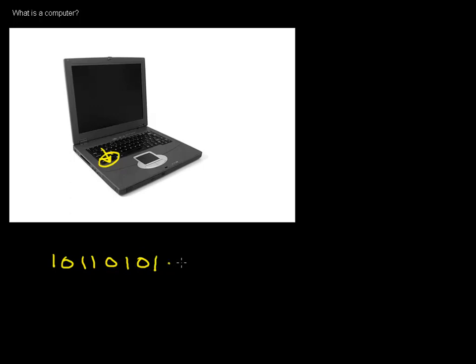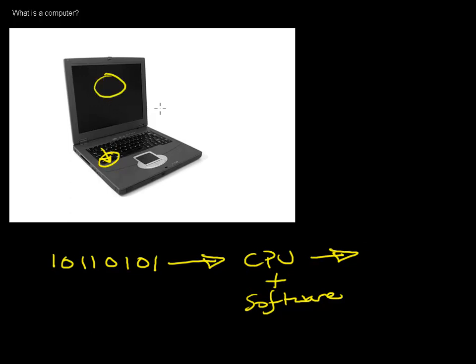So that electrical signal, which might be something like this, will get passed through the computer to the central processing unit, which will then process along with the software. The software will tell the CPU how to process this electrical signal. And then as a result of that, to different devices, it might be that I press a key and something then changes on the display.